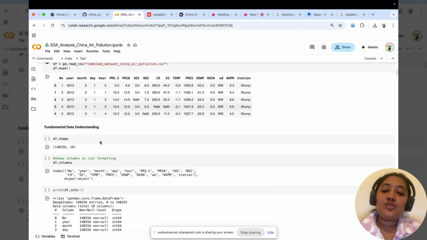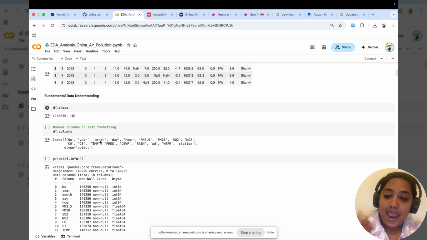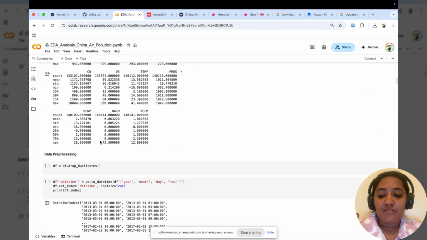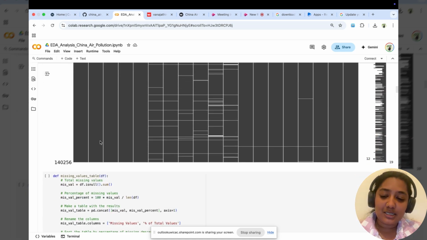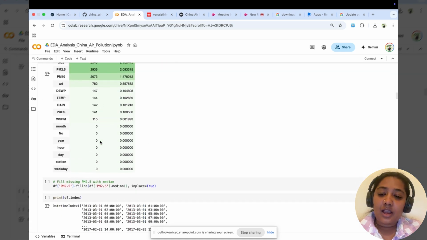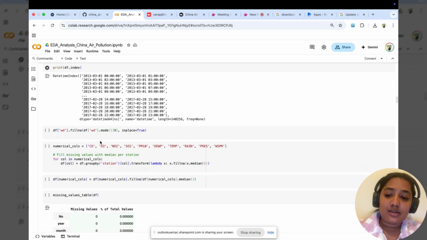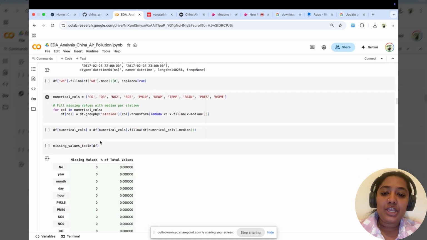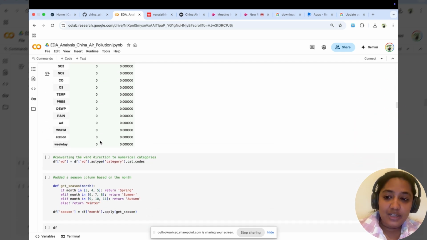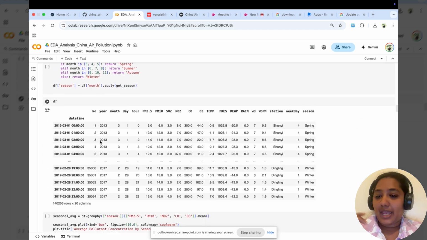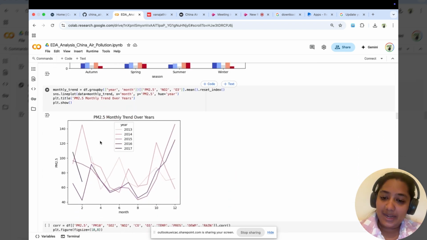I'm reviewing the data and finding out what missing values are there, then filling them using the mode and median method. Once I've filled the missing values, I started to do the analysis.